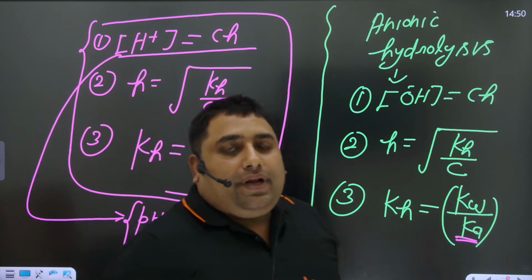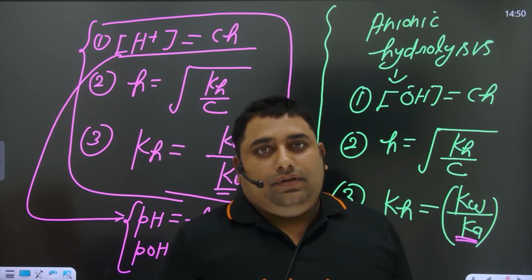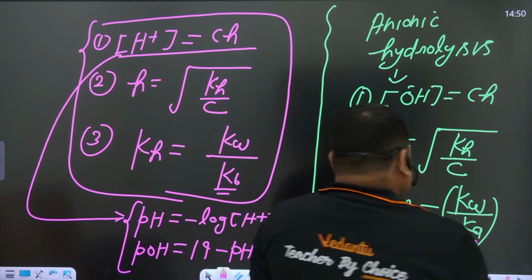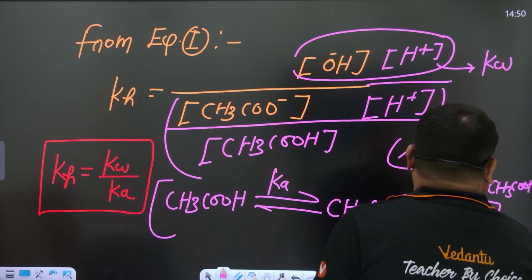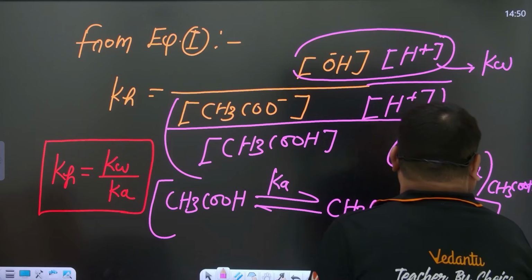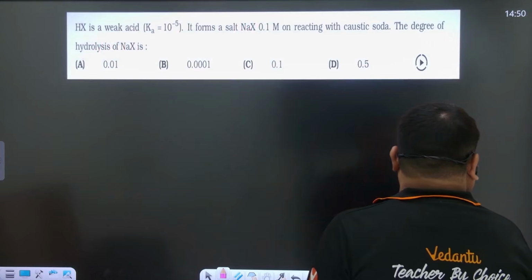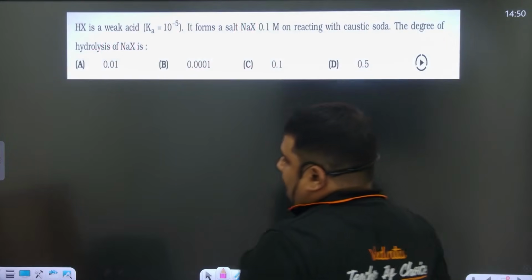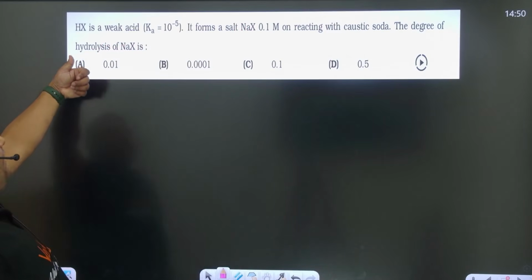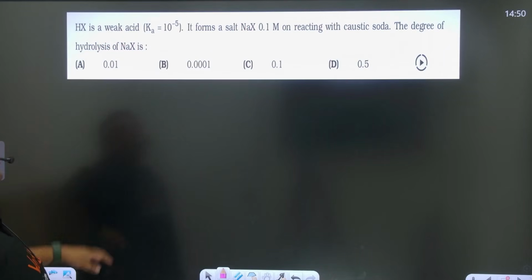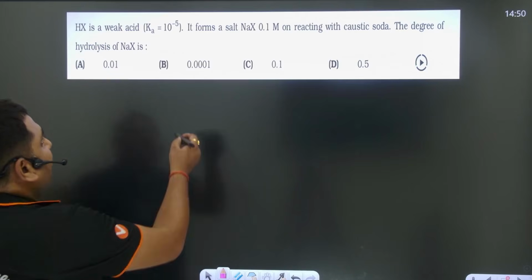Now we have to take the question, right? See, HX is a weak acid, that is Ka, which is given.